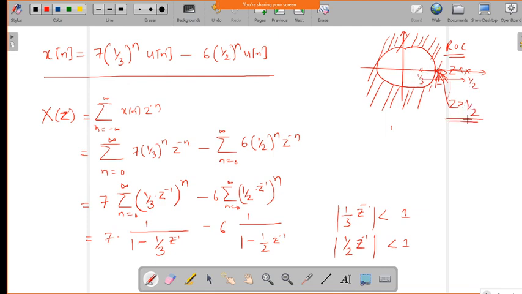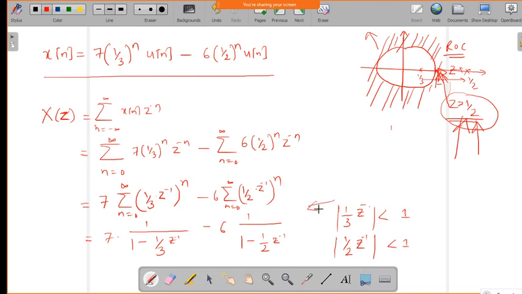So for this case you have to take z greater than 1 by 2. Keep it in mind always that a pole should not be in the region of convergence, which leads to infinite values. In order to get absolutely summable values, the region of convergence does not contain any pole. So we need to take the region of convergence z greater than half for this case.